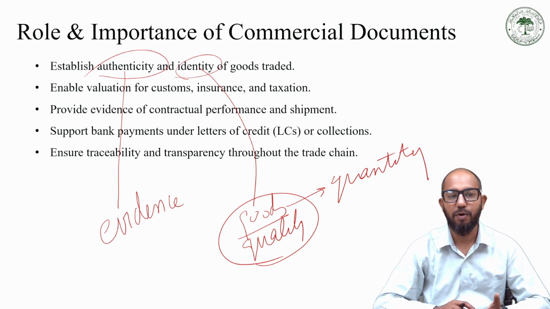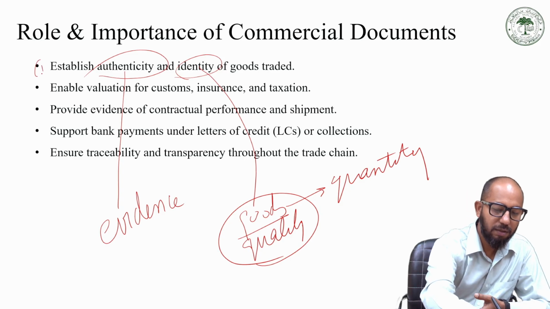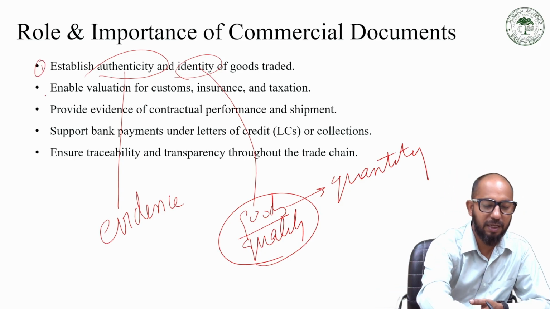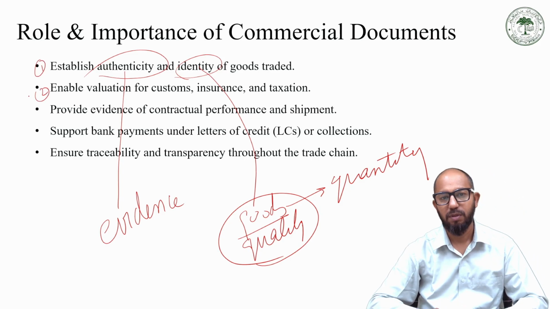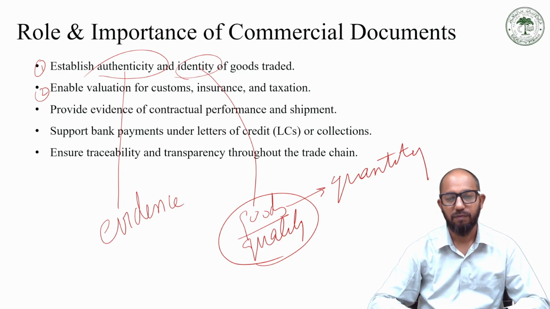The second importance is that commercial documents enable valuation for customs, insurance, and taxation. Without commercial documents, there is no evidence for telling the total price or cost of the goods to be exported. Thus, the primary document which tells about the value of goods is commercial documents.